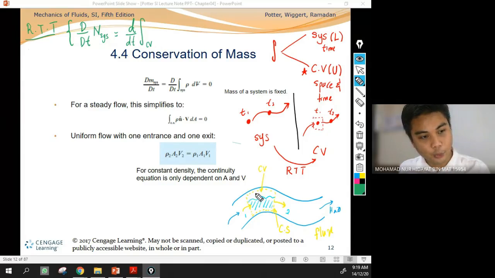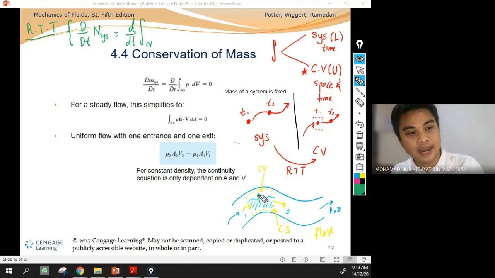Remember, we have the CV, the control volume. So we need to find the rate of change of the water level over time. Is the water level rising or dropping? So this is the first term, the control volume.